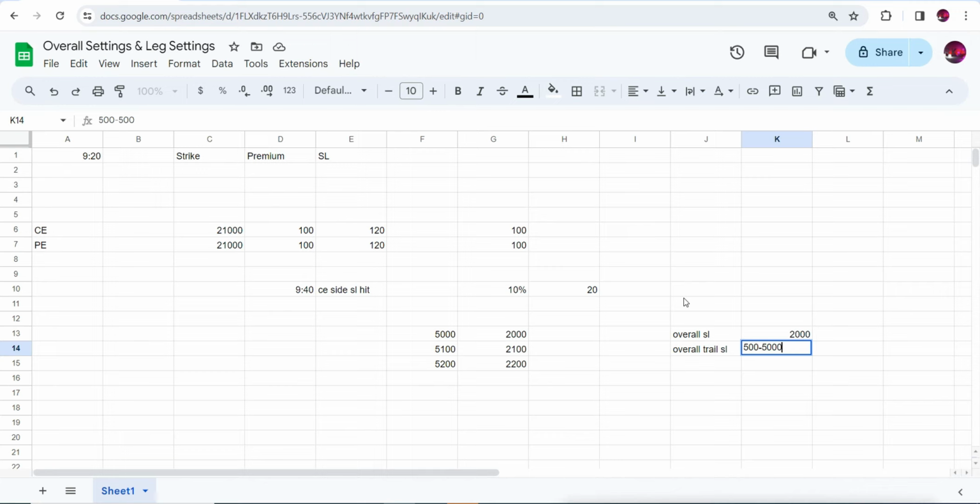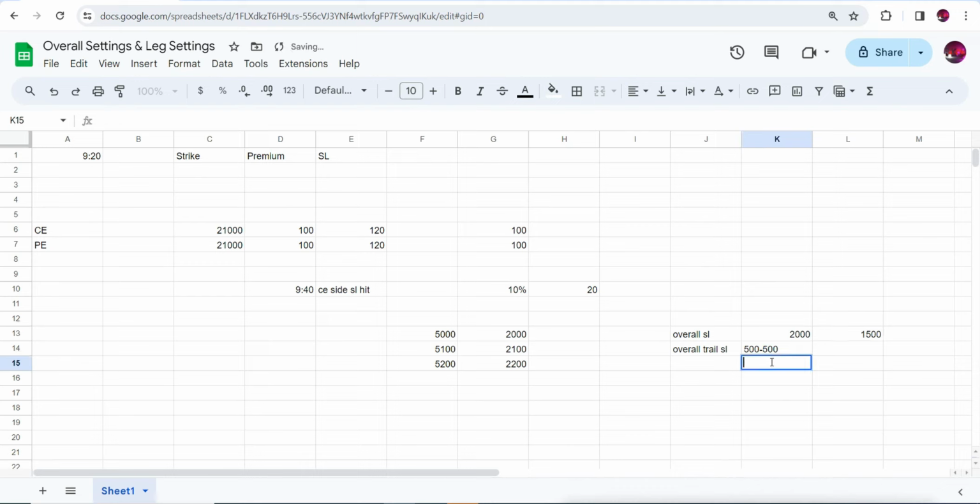So what this 500 means is that if our strategy gets 500 profit, then it will trail the overall stop loss by 500. It will reach 1,500. So if the market reverses and it hits 1,500 loss, then it will exit.